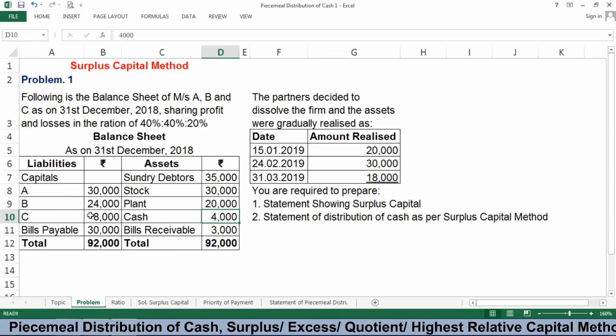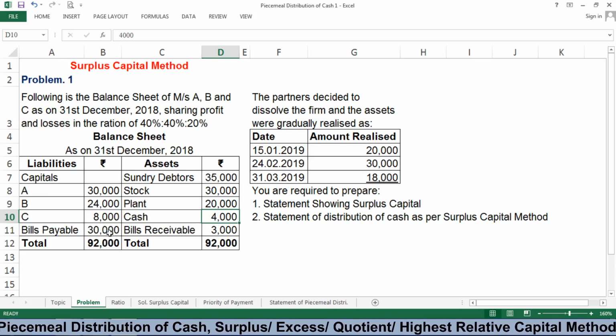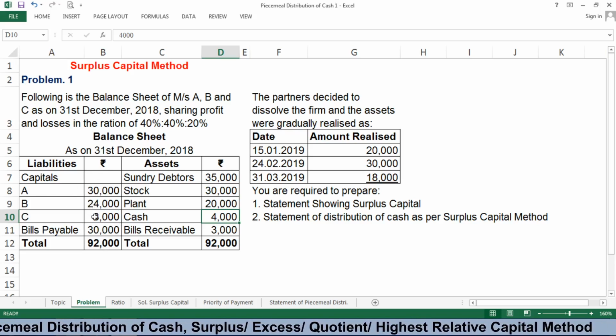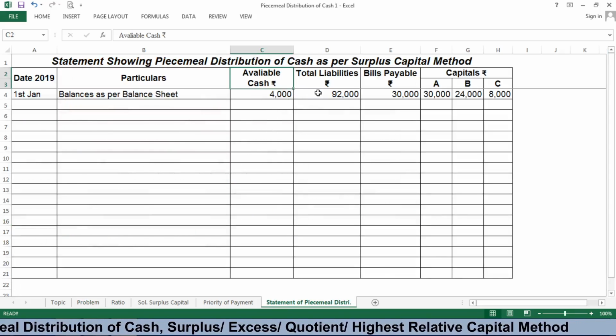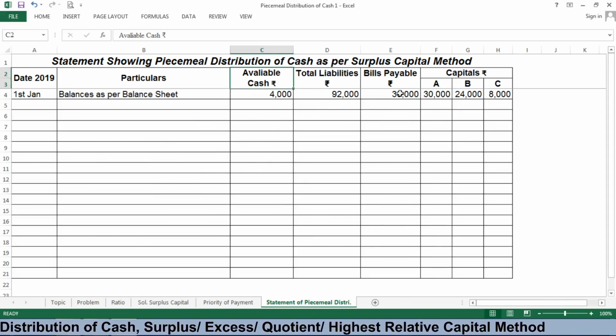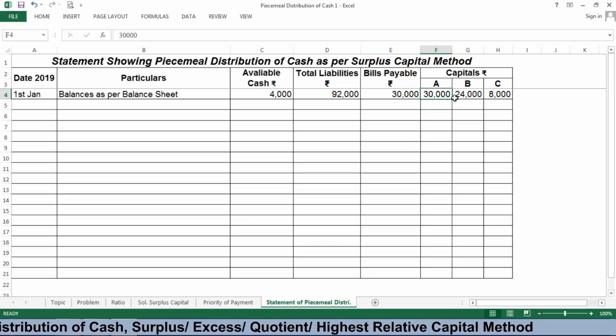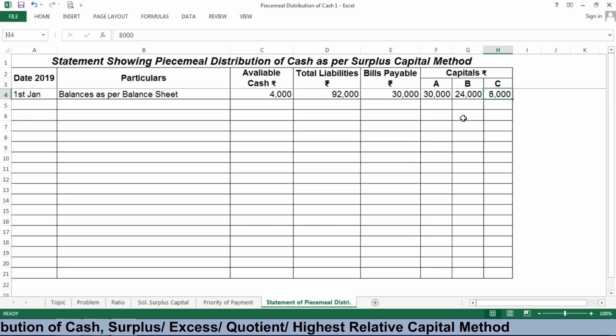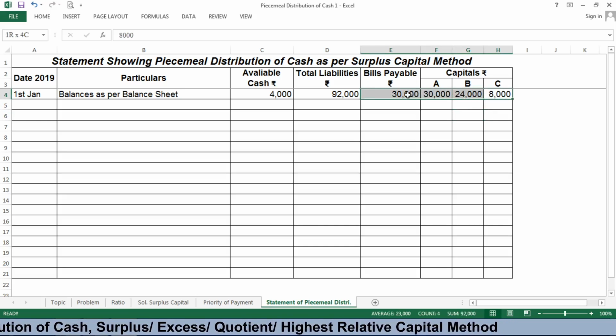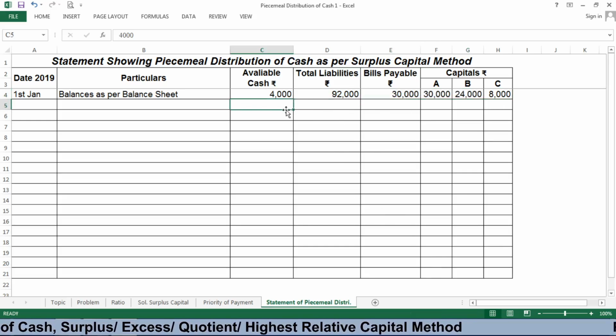Then we have to pay the liability, third party liability, that is 30,000 bills payable, and capital is 30,000 plus 24 plus 8. So total liability we have to pay 92,000. How it comes? 30,000 bills payable, A's capital 30,000, B's capital 24 and C's capital is 8,000. So total of all these liabilities comes to 92,000. Here you can see the total 92,000.